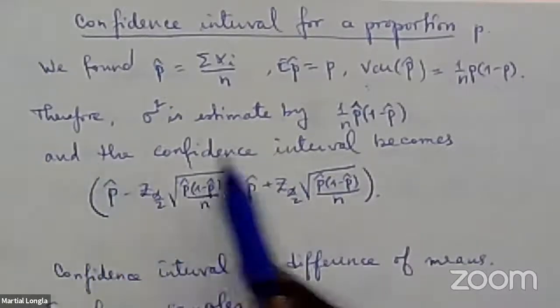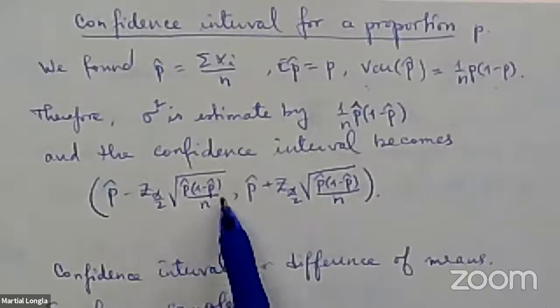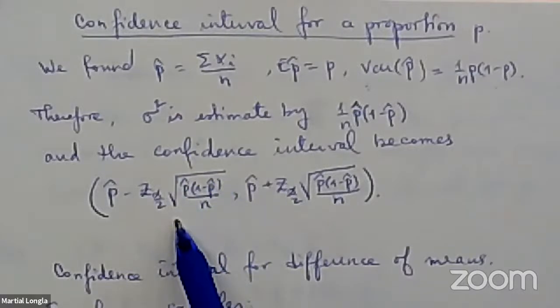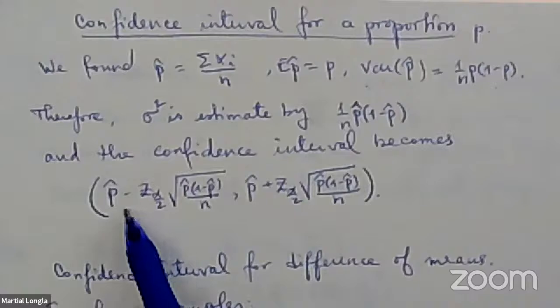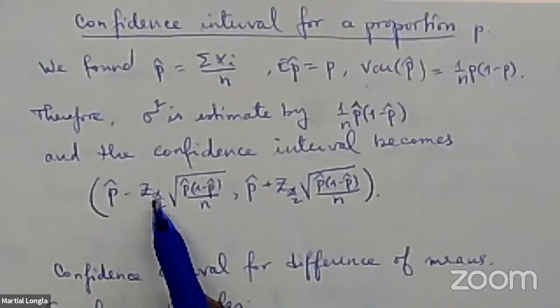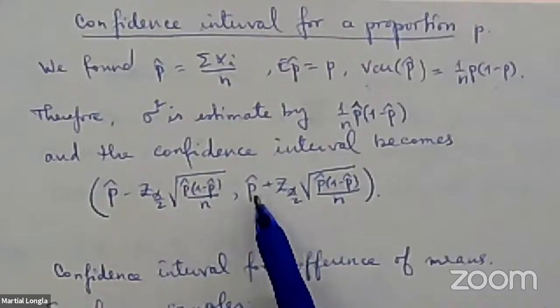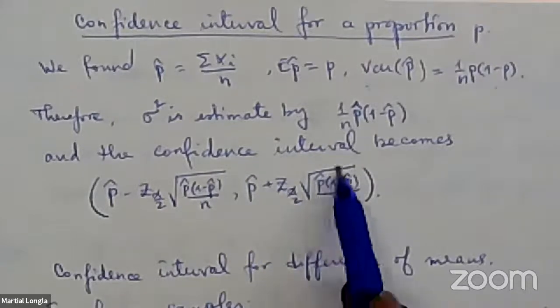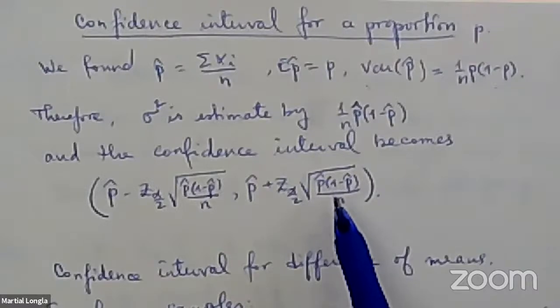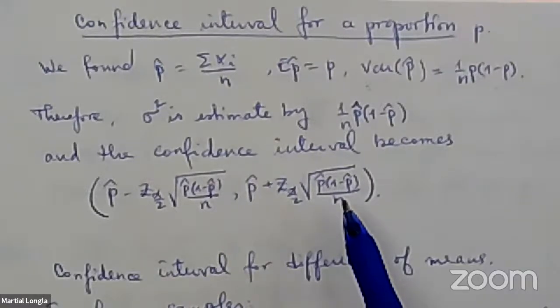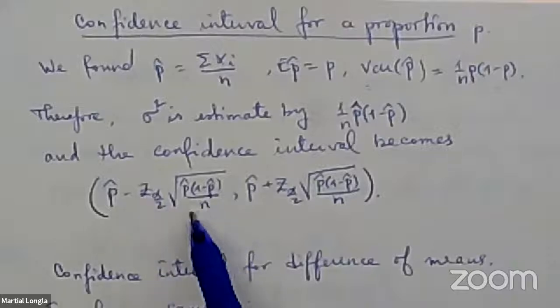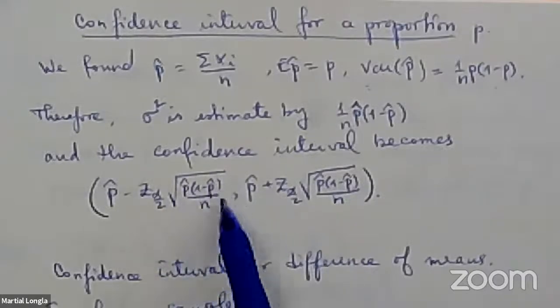And therefore, in the confidence interval, in place of sigma, we put the estimator. P hat minus z alpha over 2, and then the estimator of sigma. P hat plus z alpha over 2, then the estimator of sigma. That's the general pattern of constructing the confidence interval. Whatever comes after the z is the estimator of sigma.